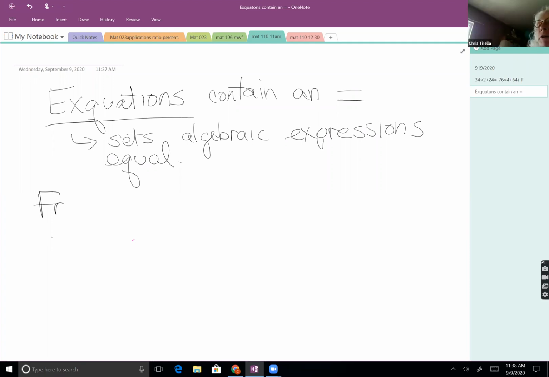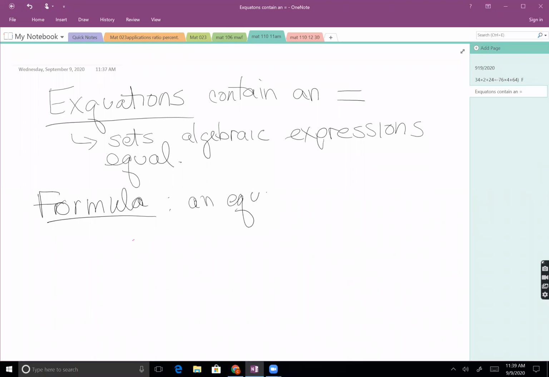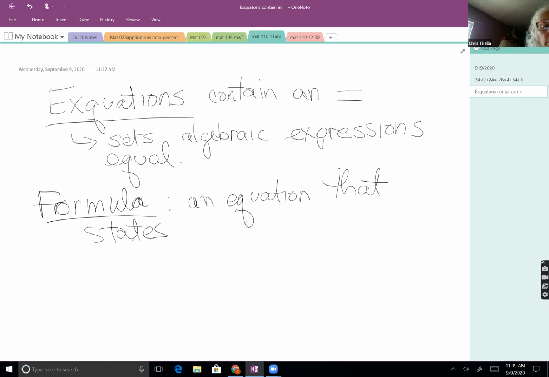I think everybody's heard of a formula before. A formula is just a special type of equation. It's an equation that states the relationship between variables.